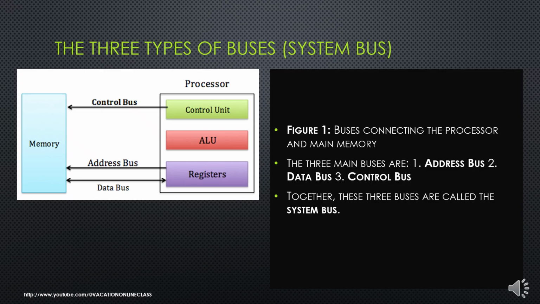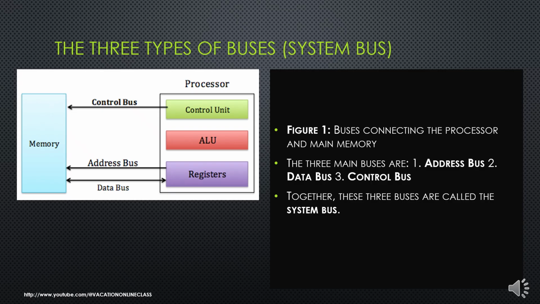Second, the data bus, which carries the actual information or instruction being processed. And third, the control bus, which carries the commands, telling the system whether to read or write data.